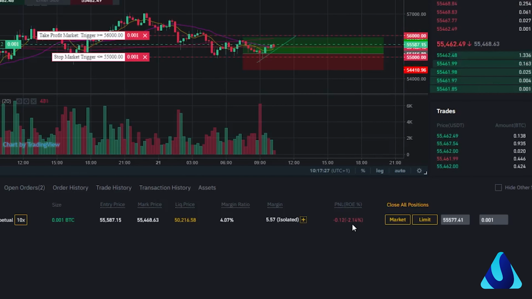And the reason why it shows it that way is because we're using 10x leverage, so that's 10 times the overall current percentage move. So it's only moved 0.1%. That has an effect on the actual market from the loss and the gain as well.